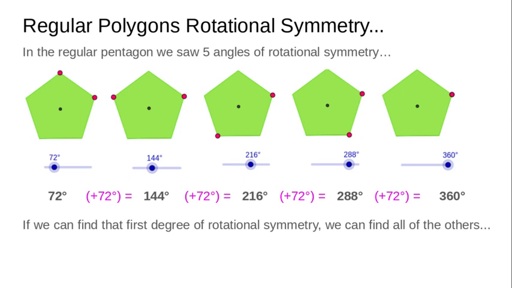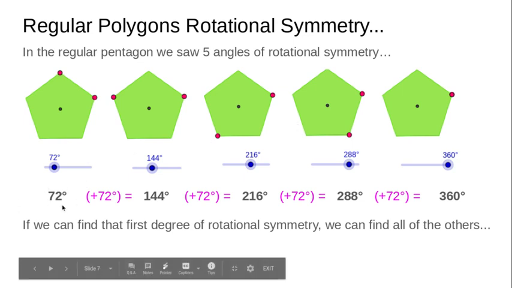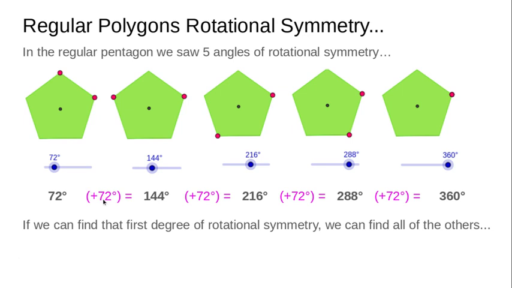So here's what I want you to notice about those measures. If I look down here, the first one is 72 degrees. But if I take that and add that same 72 to it, I get 144, which was the next one. And if I add another 72, I get 216. And if I add another 72, I get 288. And if I add another 72, I get 360.